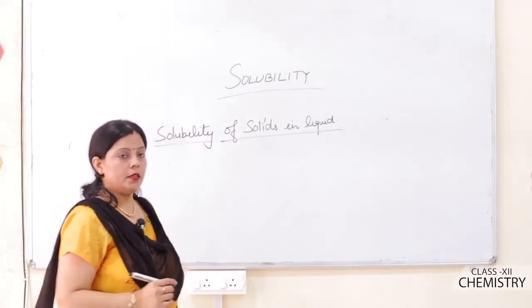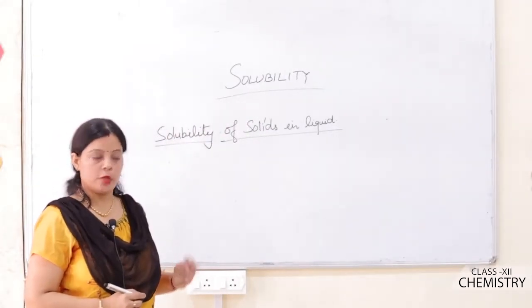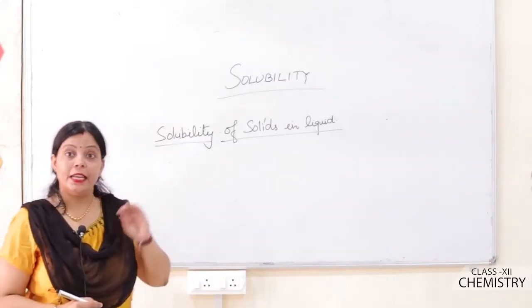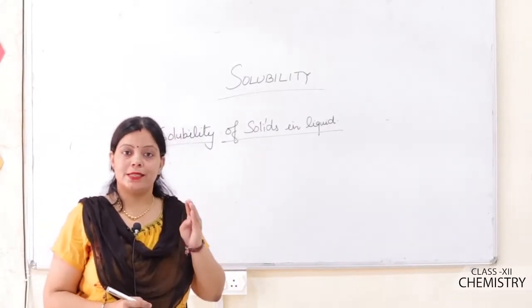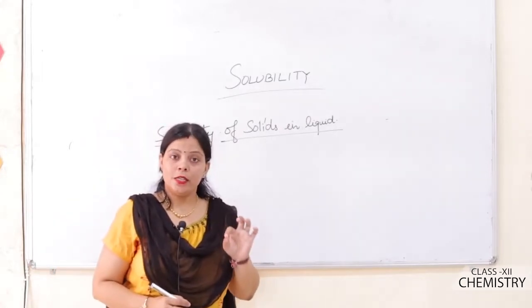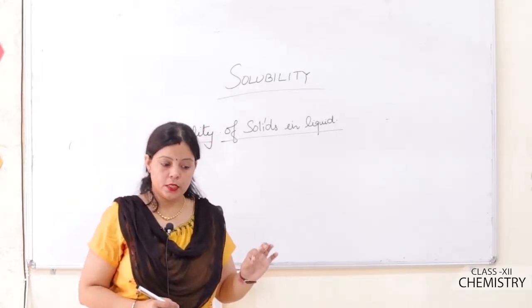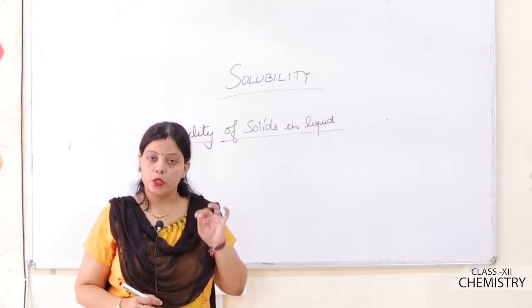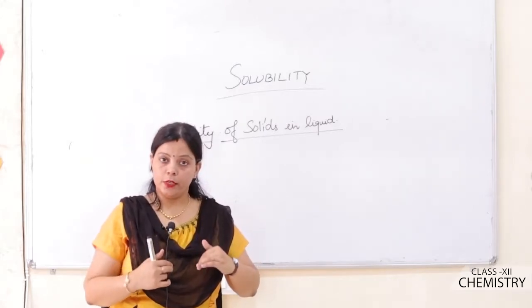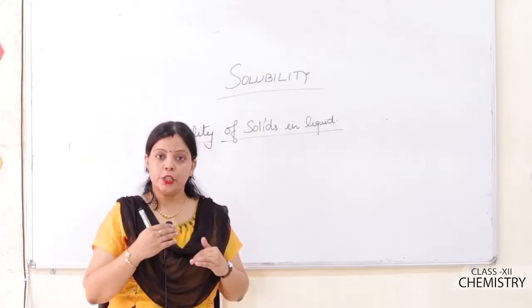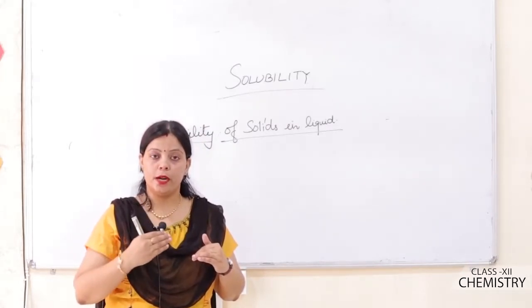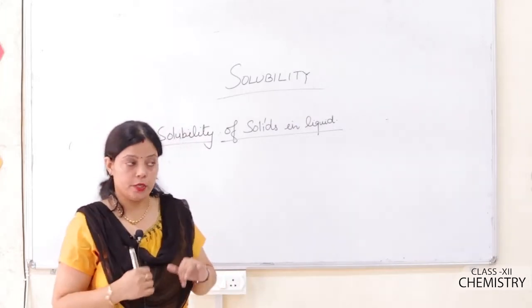Now, after understanding the energetics of the dissolution process, our next topic is solubility of solid in liquid. When a solid solute is dissolved in a liquid solvent, initially the concentration of the solution increases as more and more solute particles are dissolved in the solution.